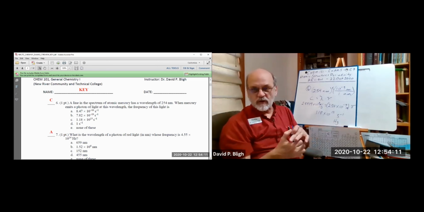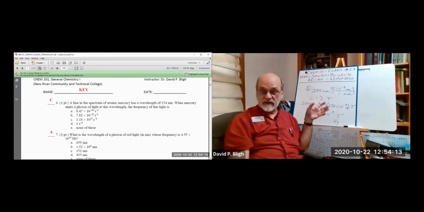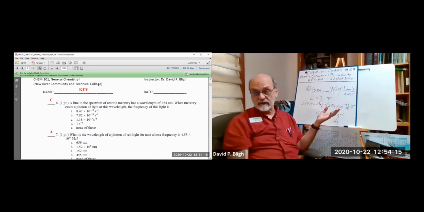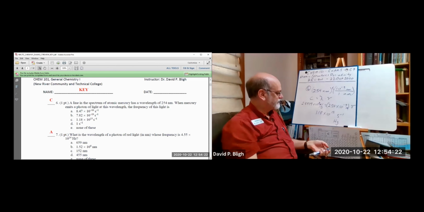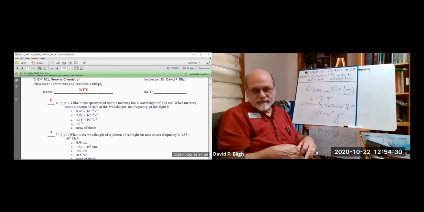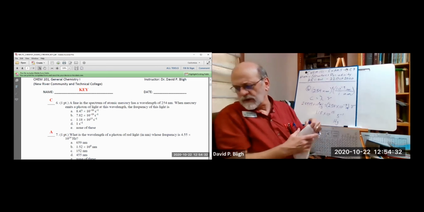So if a multiple choice question pops up that has hertz instead of reciprocal seconds, you know they're equivalent. Let's see. Okay, that's number 6. Next one I'll do is number 8.